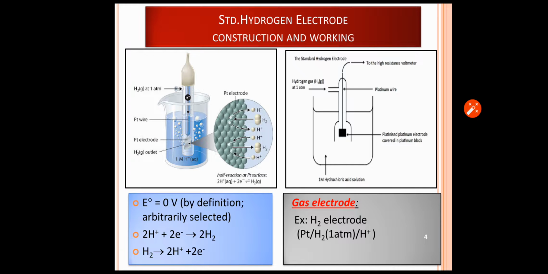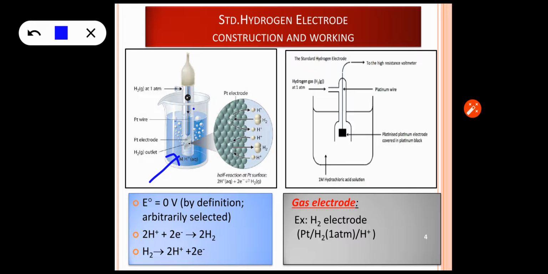Now let us understand the working and construction of the standard hydrogen electrode. A standard hydrogen electrode basically contains the platinized platinum foil fused to the glass tube. The name is given as platinized platinum foil because platinum metal is again coated with platinum to increase the surface area of the platinum foil and to enhance the better absorption.